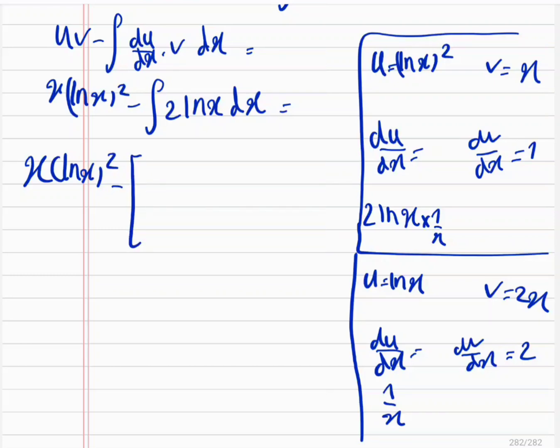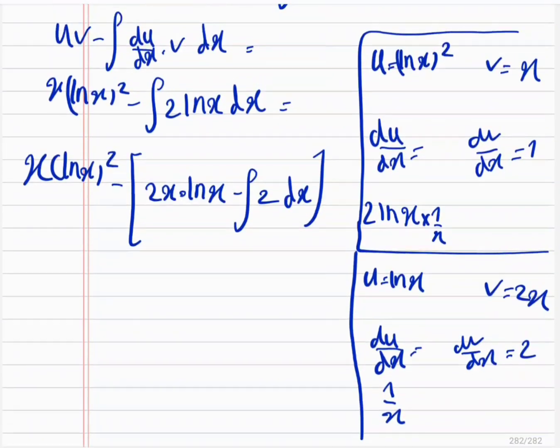Now inside this we substitute the new functions for the second integration by parts. So for the second integration by parts, we have u times v, which is ln x times 2x, and that is 2x ln x basically. And then minus, inside the integral we have 1 over x times 2x, which is just 2, right? So 2 dx. And yeah, now that we have this simple integration, we can just solve that.